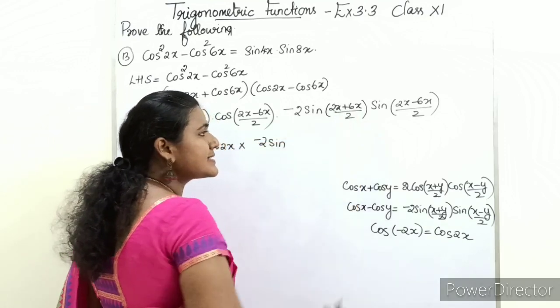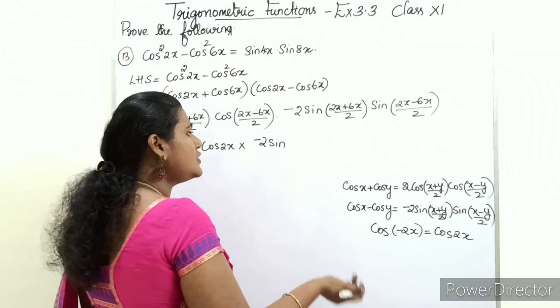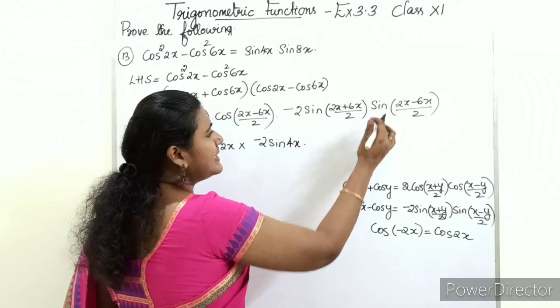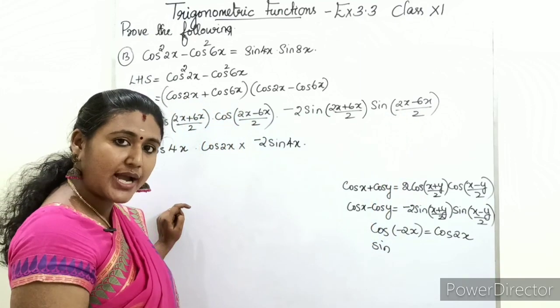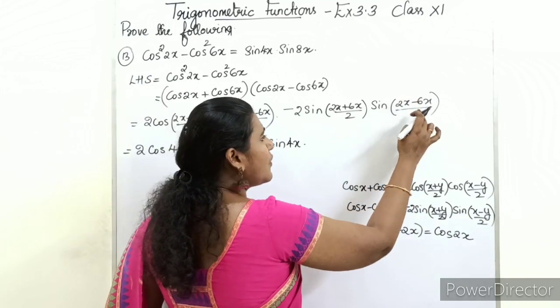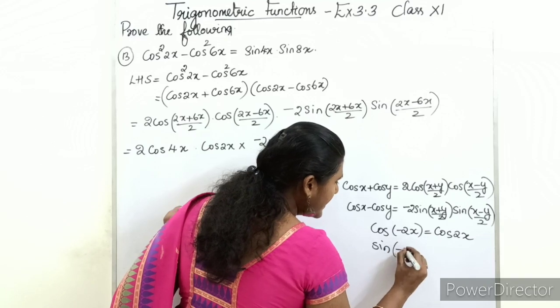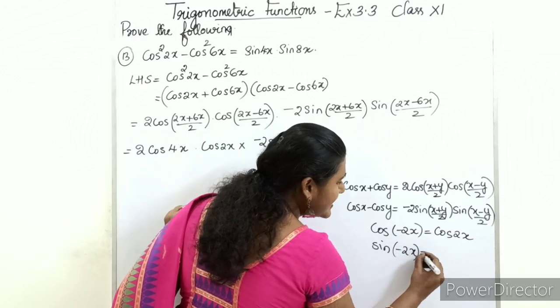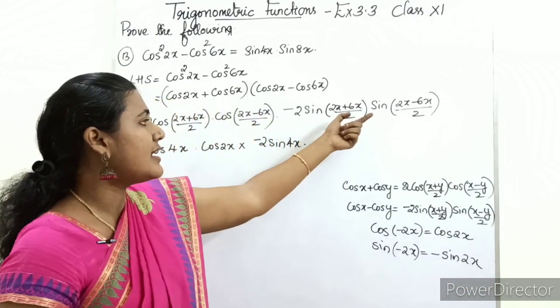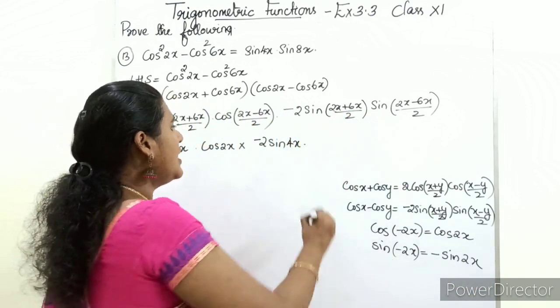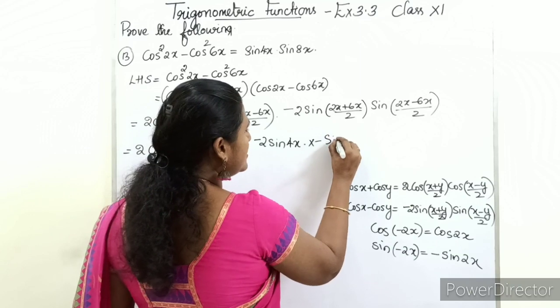Here 2x plus 6x is 8x, and 8x by 2 is 4x. And here sine, what will you get? 2x minus 6x is minus 4x, minus 4x by 2 is minus 2x. Sine of minus 2x is minus sine 2x. So this term will become minus sine 2x.